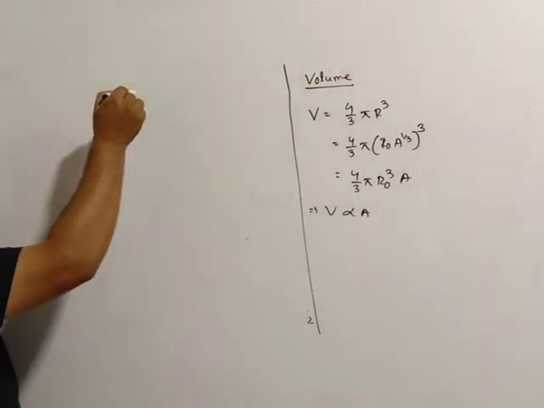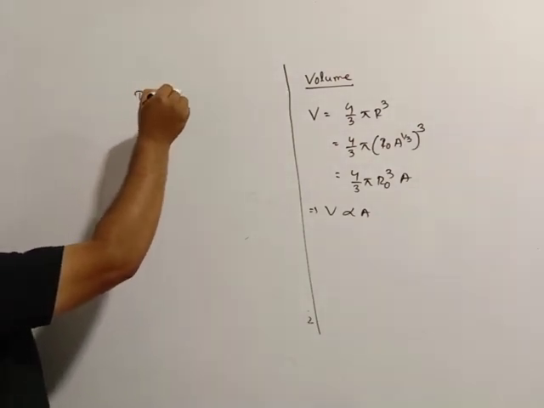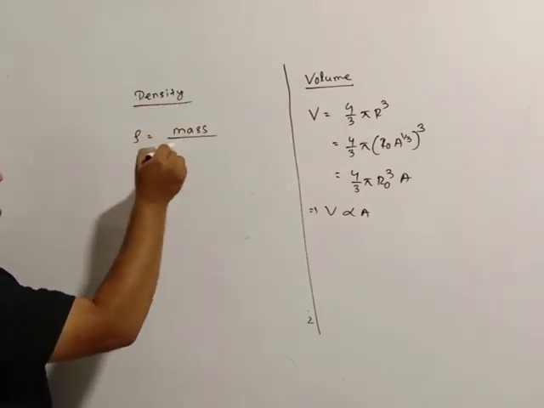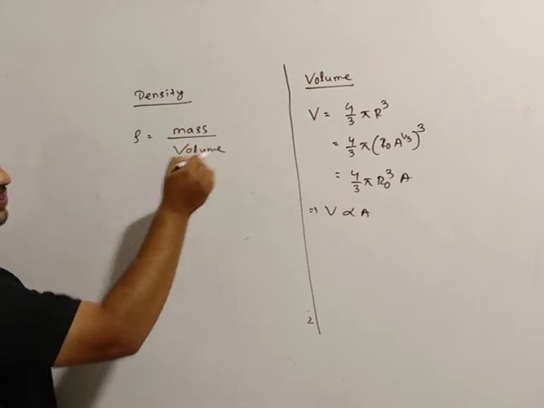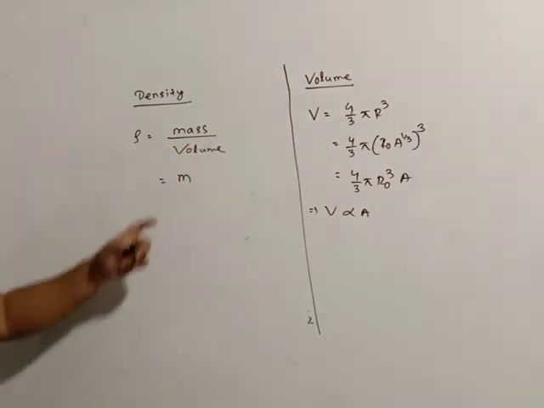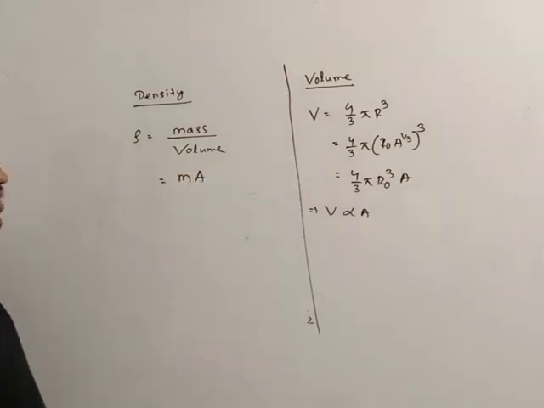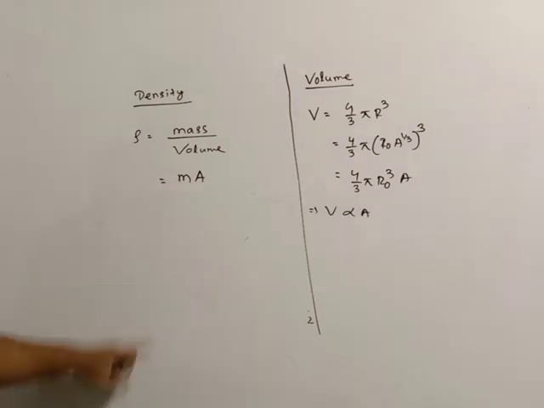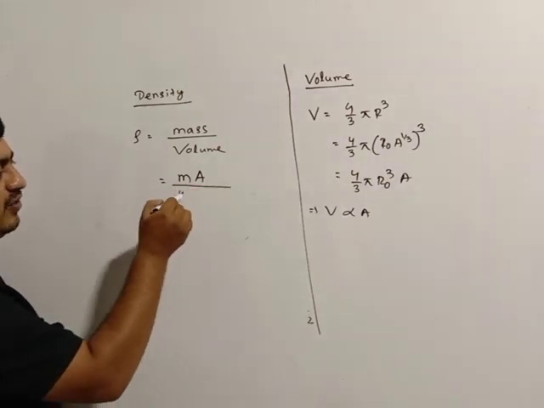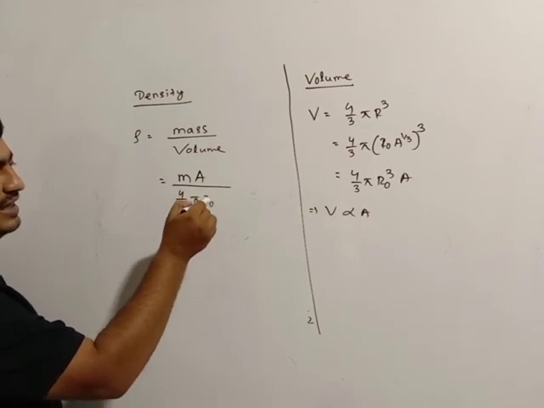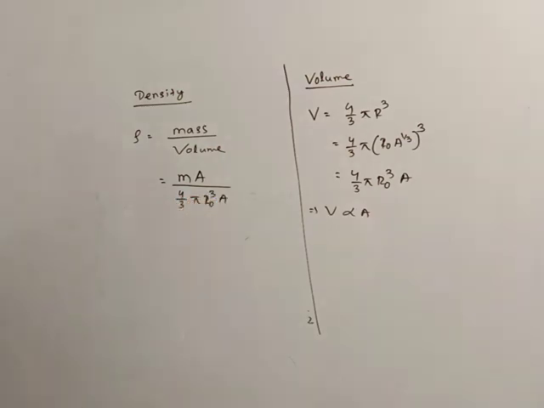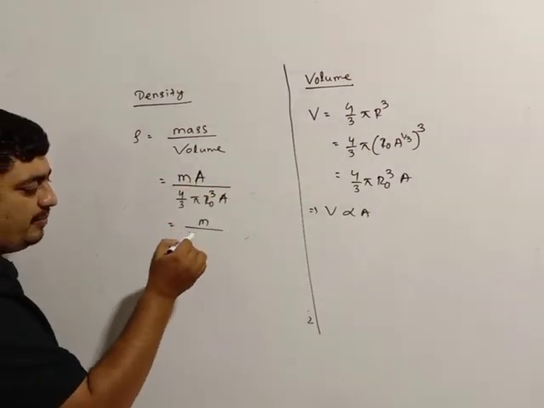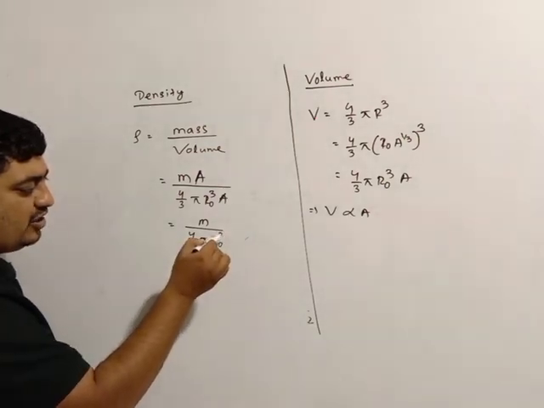The next property is the density of the nucleus. Now density is equal to mass by volume. Mass equals m into A, where m is the average mass of a nucleon and A is the mass number. Volume is equal to 4 by 3 pi R naught cube into A. Now A cancels out. It is equal to m by 4 by 3 pi R naught cube.